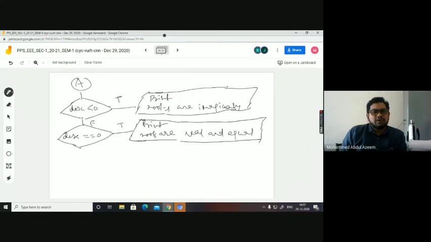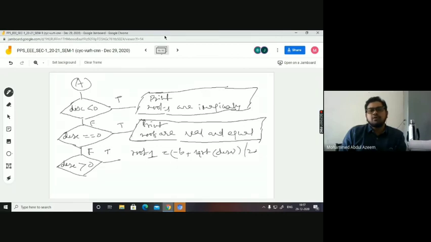Next one is, if let's say this is false, then you will check discriminant is greater than 0. If it is greater than 0, then first you calculate root 1 equal to minus b plus sqrt of disc by 2 into a, right?